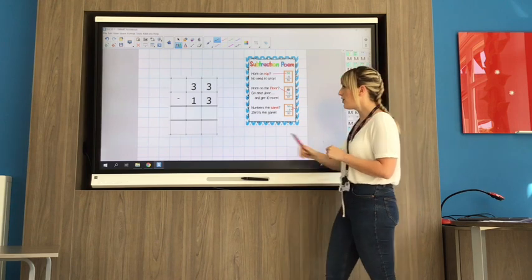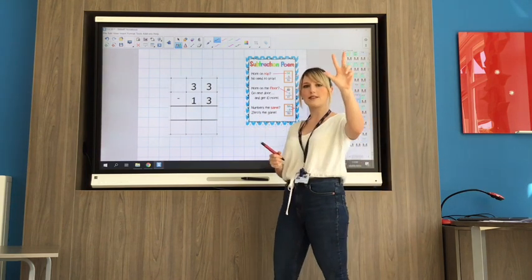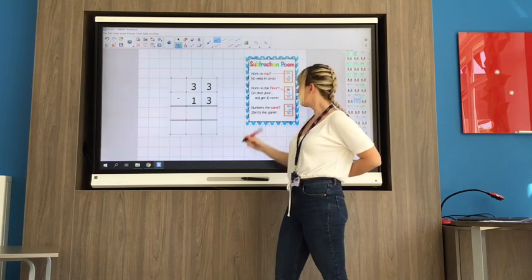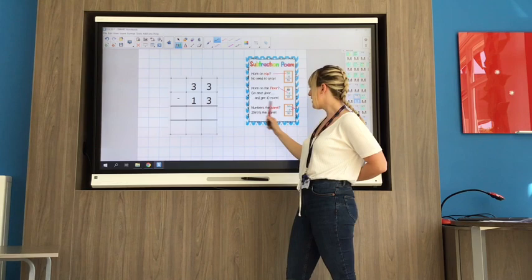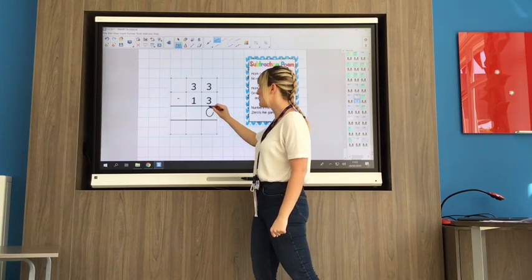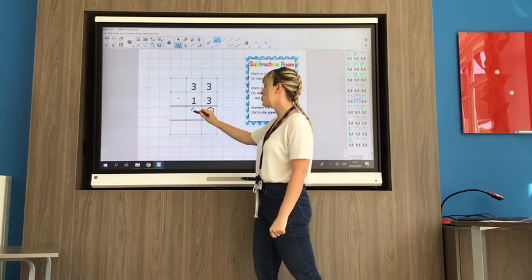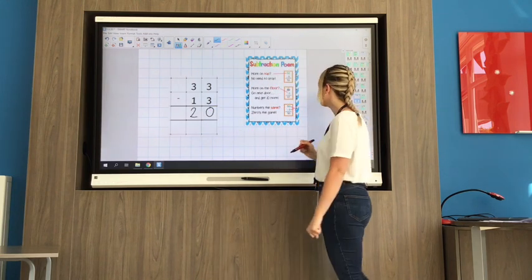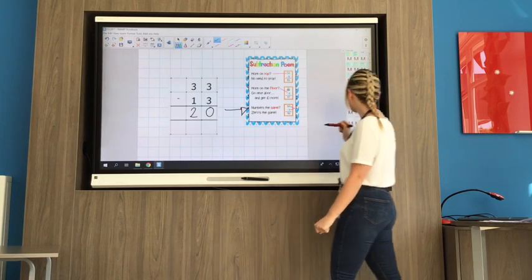Okay, so this one I've got 33, subtract 13. So I've got 3, subtract 3. So numbers the same. Same like 3 and 3. Zero's the game, so it would be 0. Okay, 3 subtract 1 is 2, so my answer would be 20. Okay, so that one links to that part of our poem.